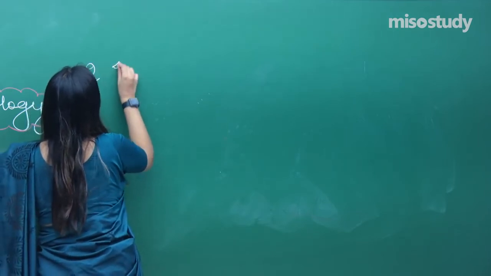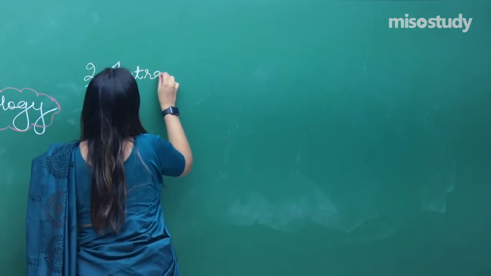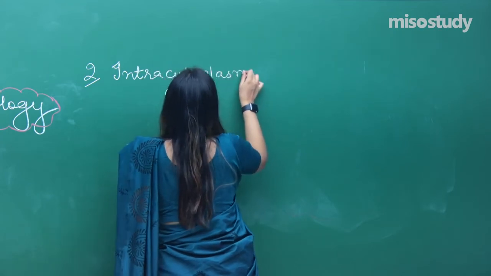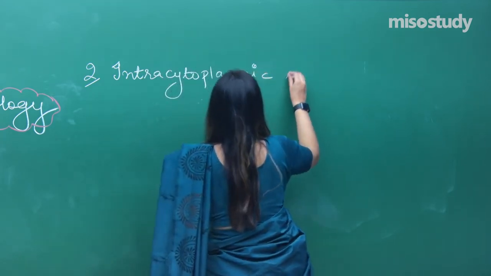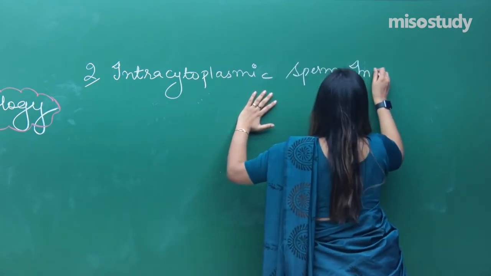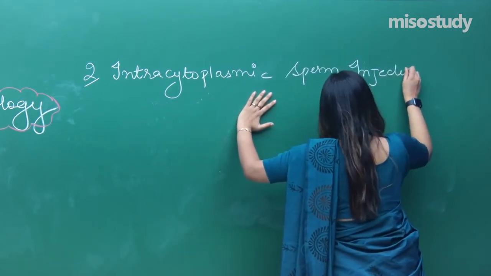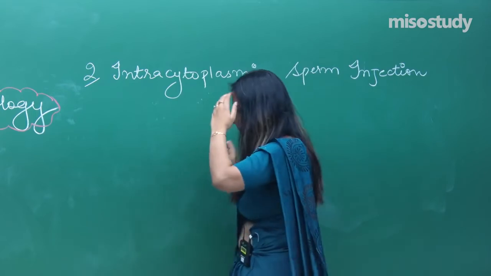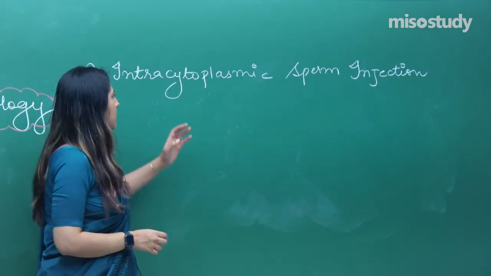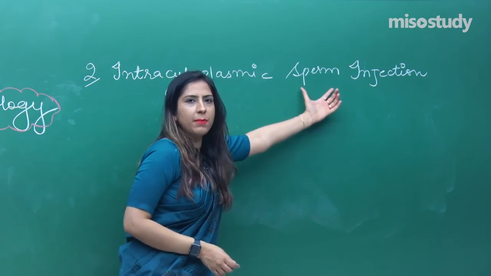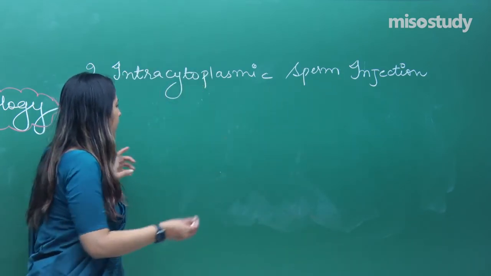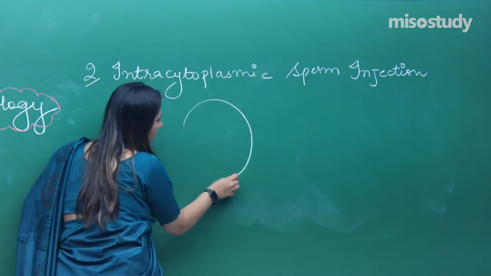First was IVF, second is this intracytoplasmic sperm injection. As the name indicates, the sperm is taken out from the male body and injected into the cytoplasm, right? Suppose I'm just giving you one rough diagram.